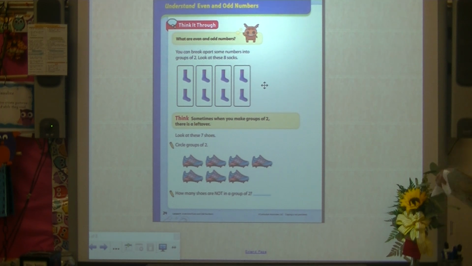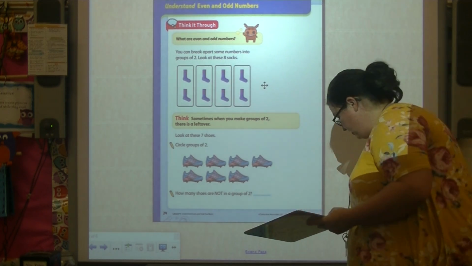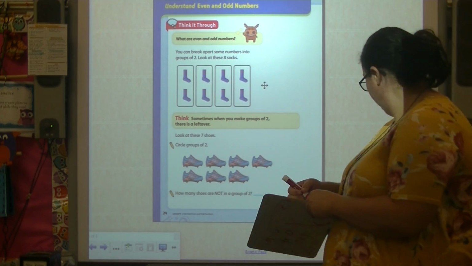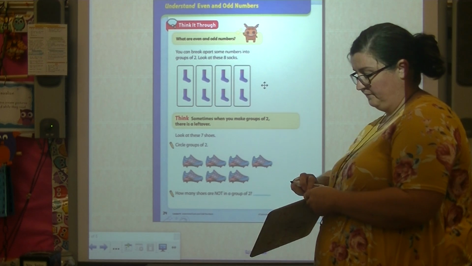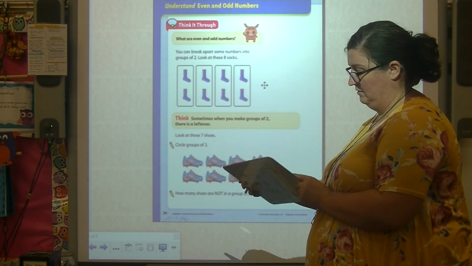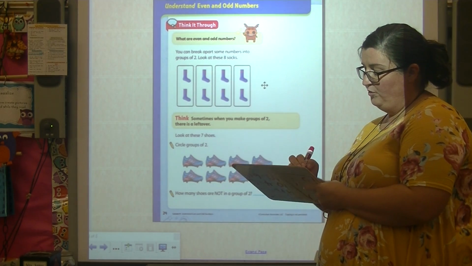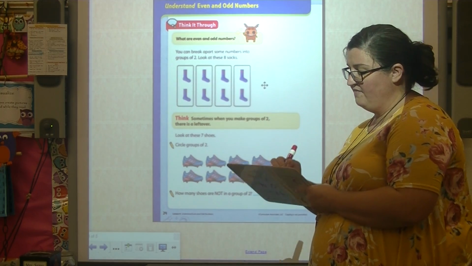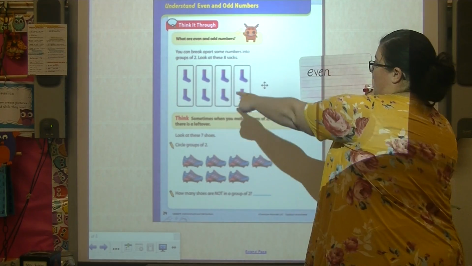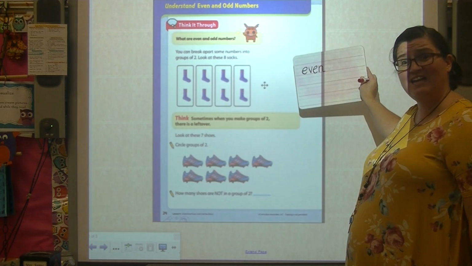Even. I'm going to have to get Miss Jennifer White down here to fix my board. And so the grouping of socks is even. Everyone shares the same amount. We are even.